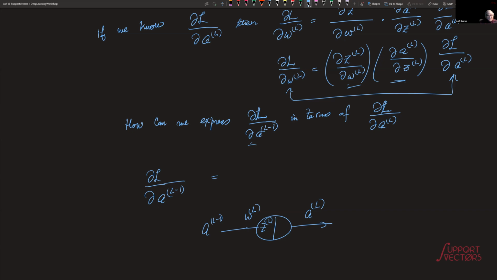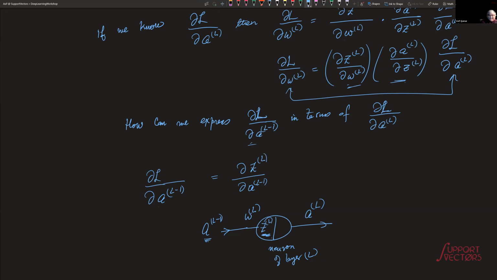So let us see how we can work this out. Think of it this way. A small change of this, A^(L-1), will change what? Would you agree that it will change Z? Because that is the input to this layer, this neuron. So a small change in this will lead to a small change in the Z of the next layer.